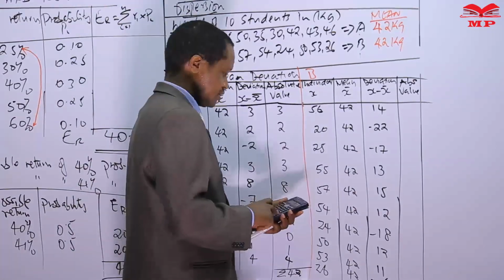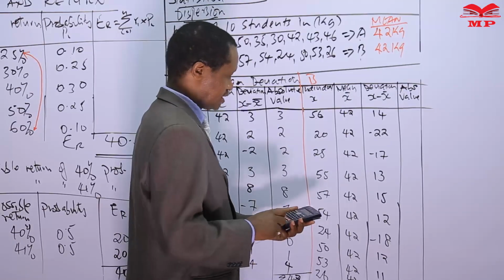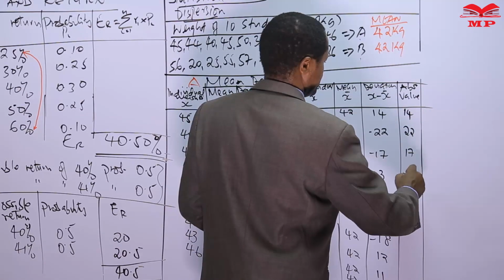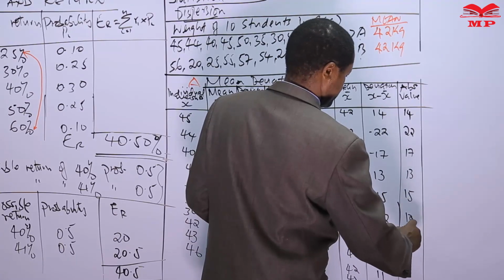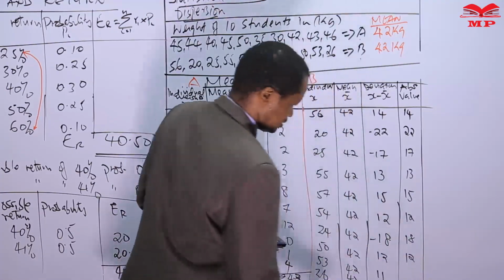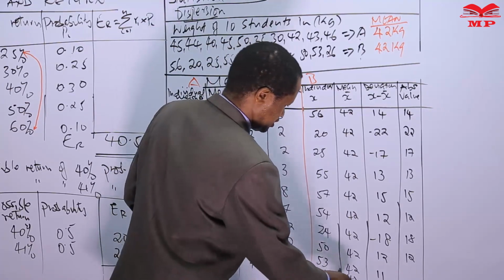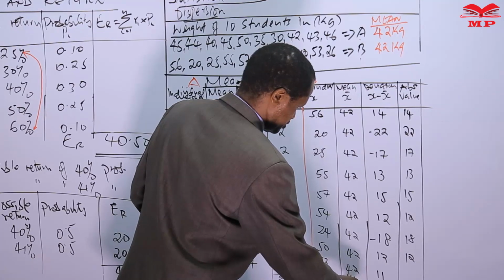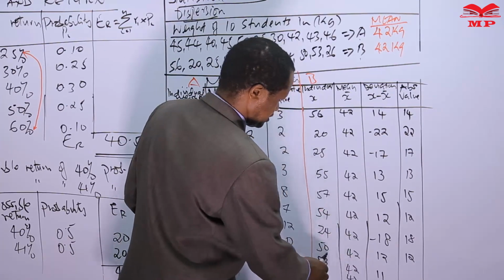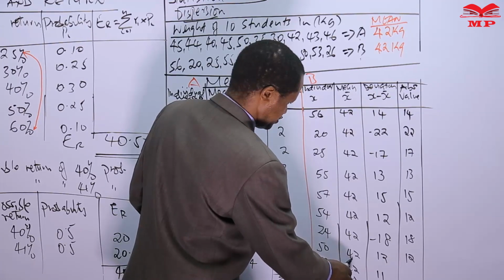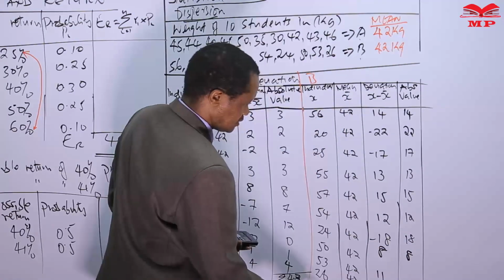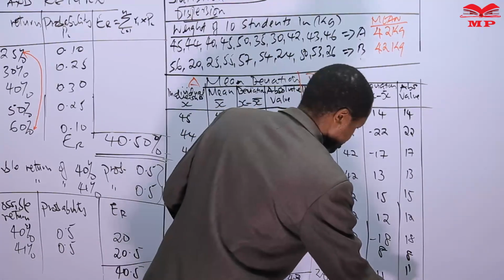We move on to the second class. We take the absolute values: 14, 22, 17, 13, 15, 12, 18, 12 again, then 53 minus 42 is 11, 24 minus 42 is 18, 50 minus 42 is supposed to be 8, this is 8, then 11 and 16.